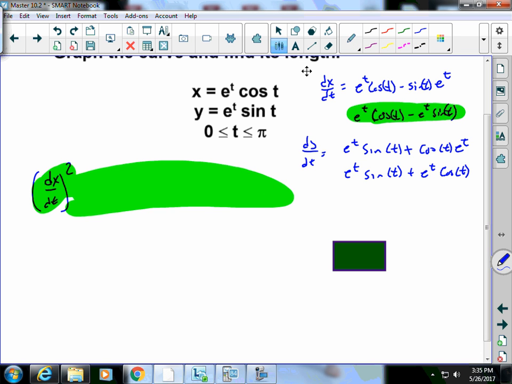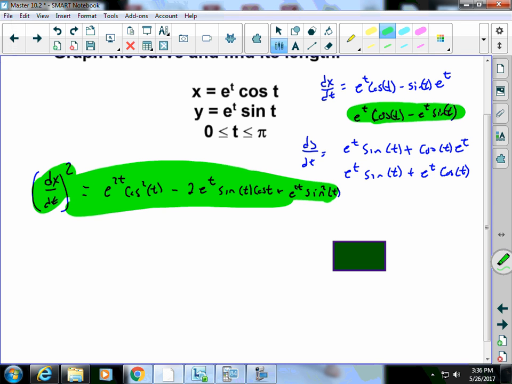So e to the t cosine t, squared, gives me e to the 2t cosine squared t, minus, because there's a minus, 2 e to the 2t sine t cosine t, plus e to the 2t sine squared t. So now we have that.